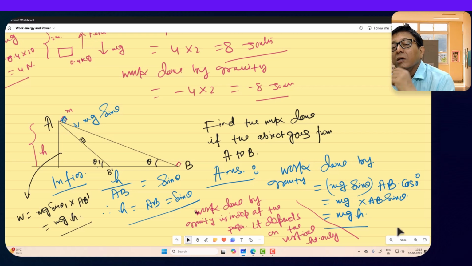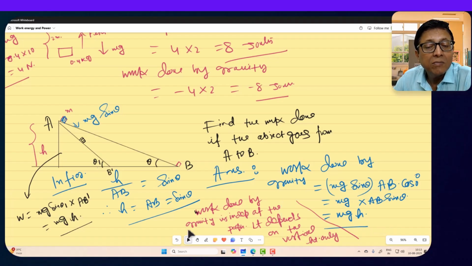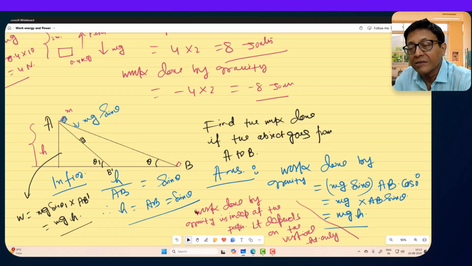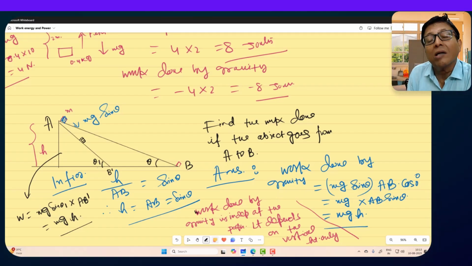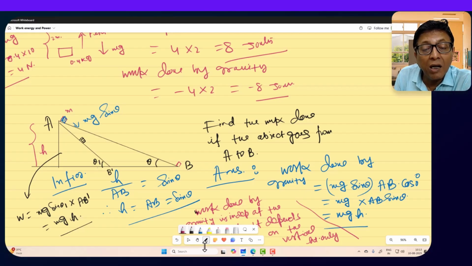Now, a question arises, somebody has taken the object from B to A. What is going to happen? What will be the work done by gravity in that case? And work done by external force? Just as per our discussion, we can write here easily.